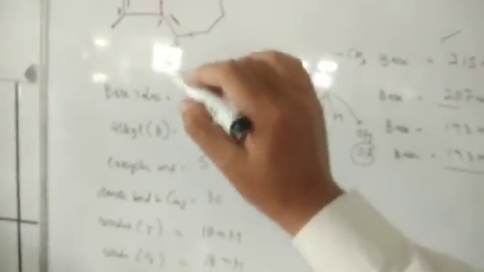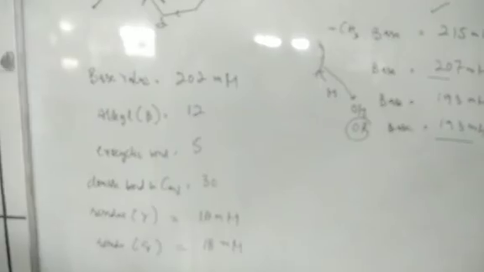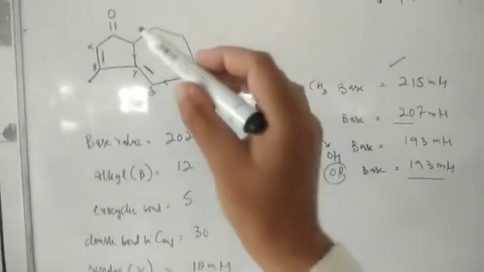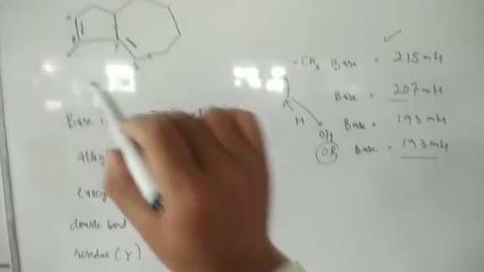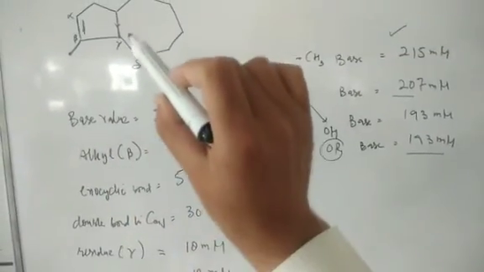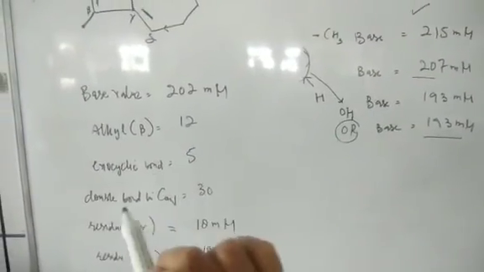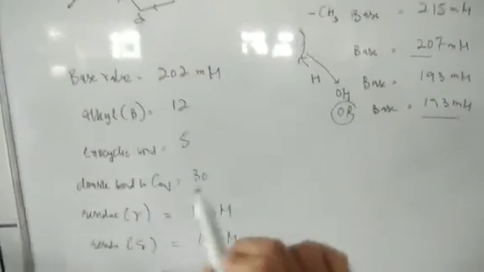So it is very complex, plus all the concepts that are present in this molecule. For this type of compound, alpha beta with base value 202, alkyl at the beta position contributes 12, the exocyclic double bond contributes 5, the double bond in conjugation contributes 30.